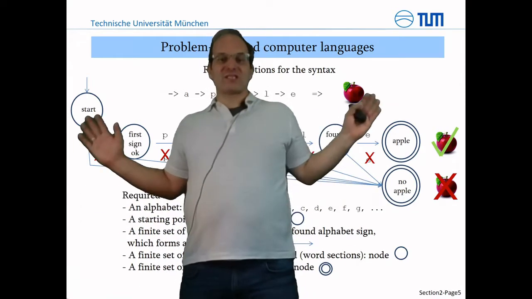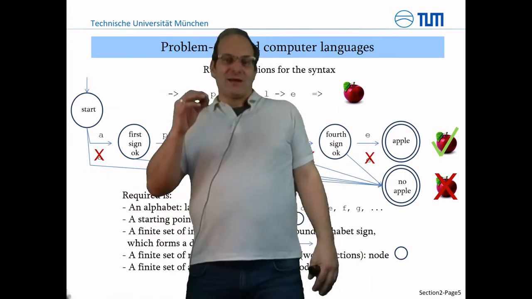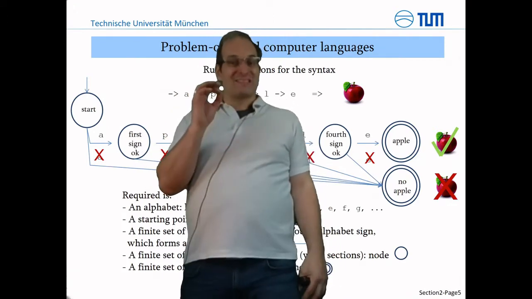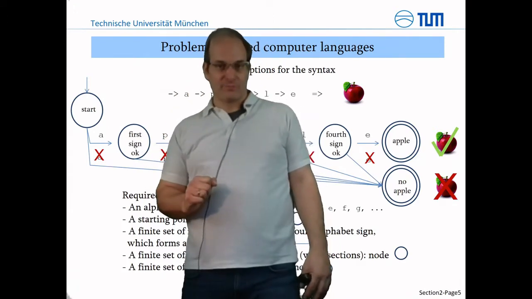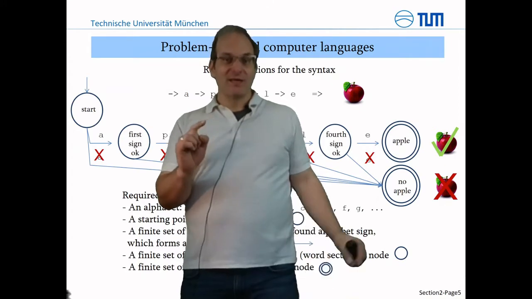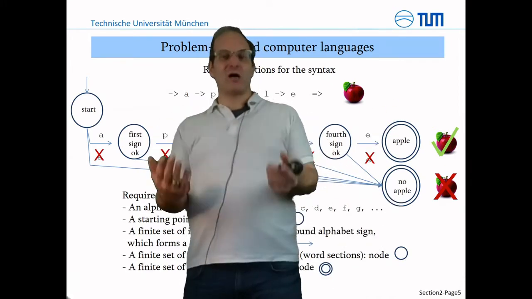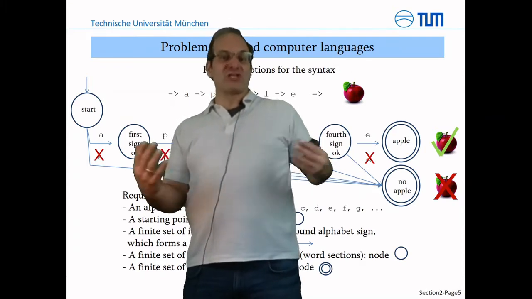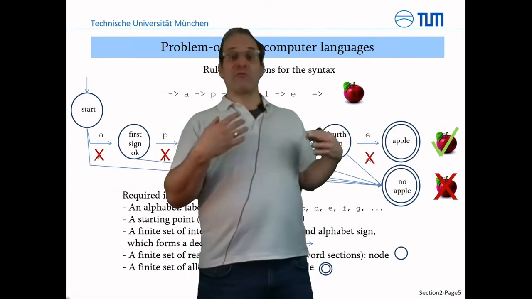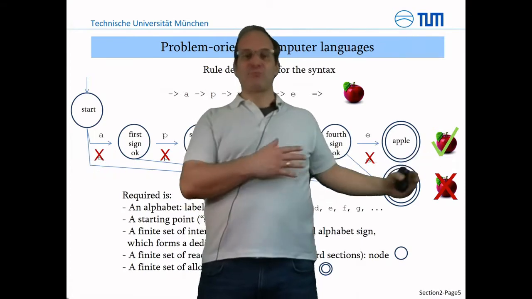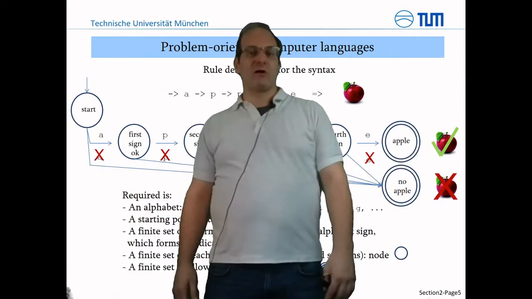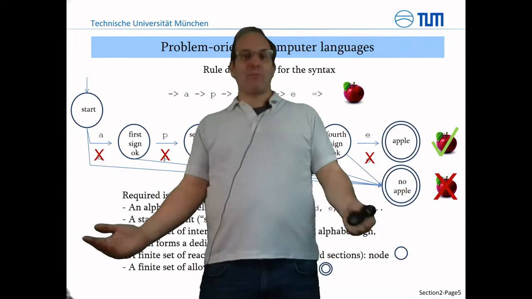And if you watch this, it directly tells you why these graphs are so important. Because there is no state or no situation which is not directly shown here in this graph. So for example, for robots, if they just follow this pure graph here, they will find an apple or no apple.